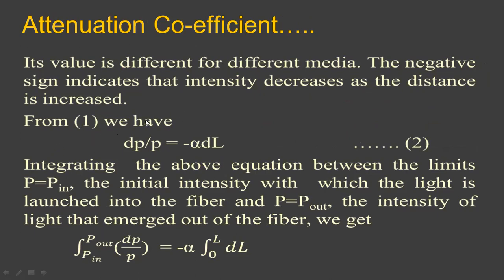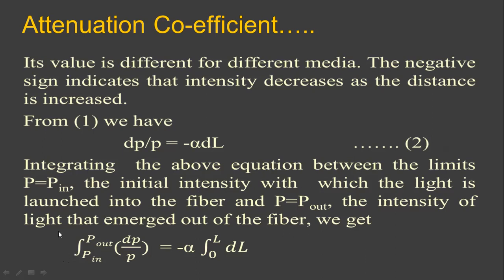So from equation 1, we can write dP by P is equal to minus alpha into dL. We can integrate this equation between the limits of P equal to P in, that is the initial intensity of the light with which the light is launched into the fiber, and P equal to P out, the intensity of the light that emerged out of the fiber.